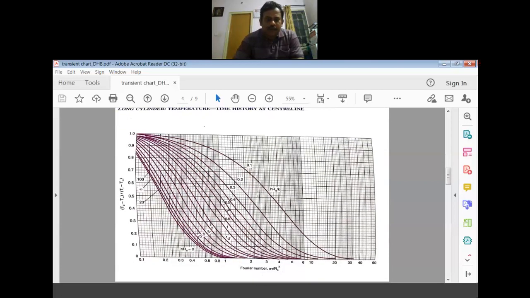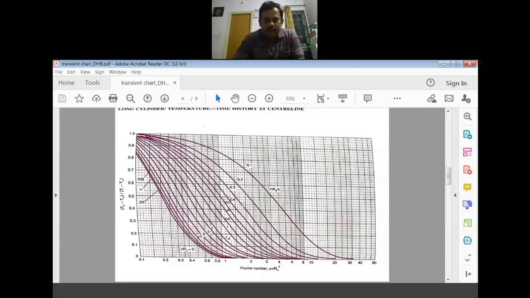See here, the y-axis is T naught minus T infinity divided by Ti minus T infinity. T naught represents the temperature at the center of the cylinder, that is at the axis of the cylinder. T infinity represents the ambient temperature, and Ti represents the initial temperature.